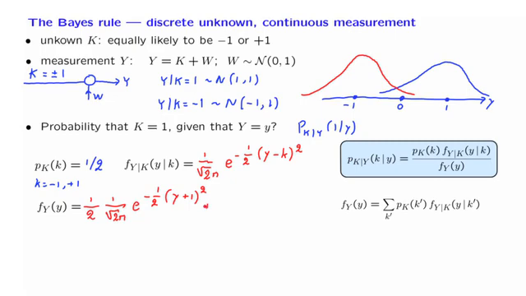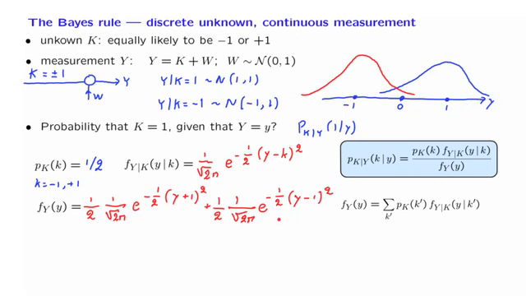And we have another term that corresponds to the case where k is equal to +1, in which case we have this expression here. Once more, this expression corresponds to this normal with a mean of -1. This expression here corresponds to a normal with a mean of +1, which is this graph here.